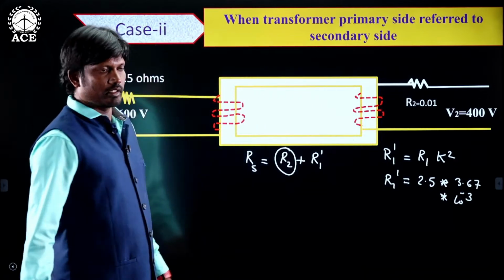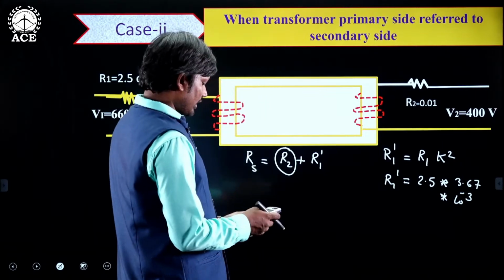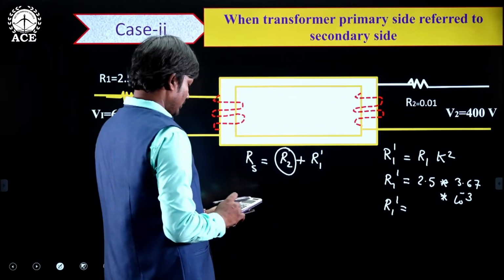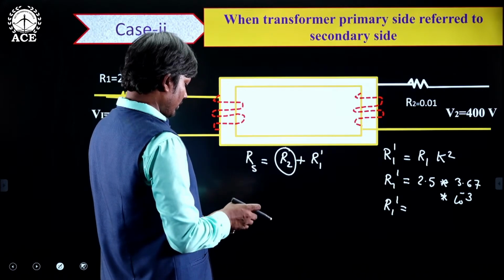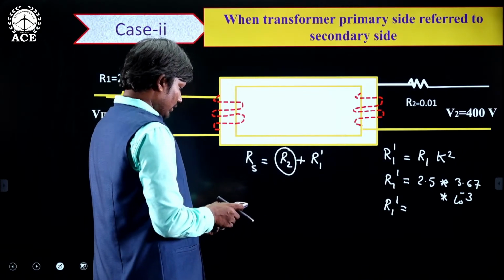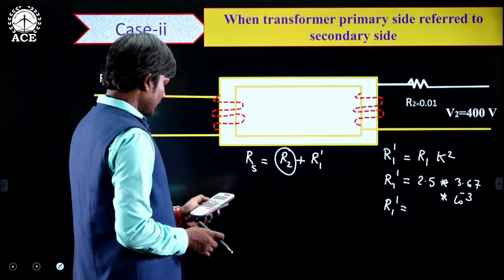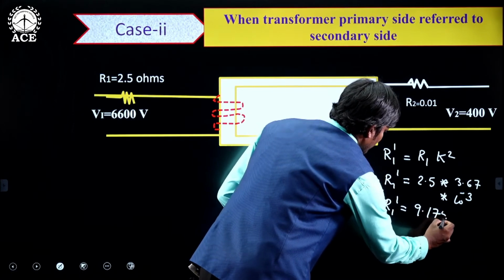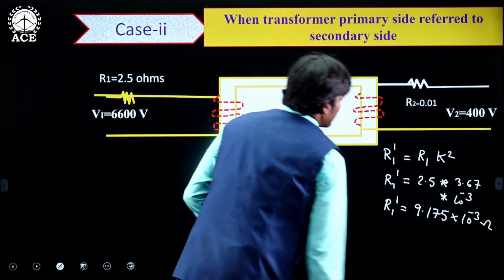Use the calculator and tell me the value of R1 dash. R1 dash is equal to 2.5 into 3.67 into 10 to the power minus 3, which is 9.175 into 10 to the power minus 3 ohms.